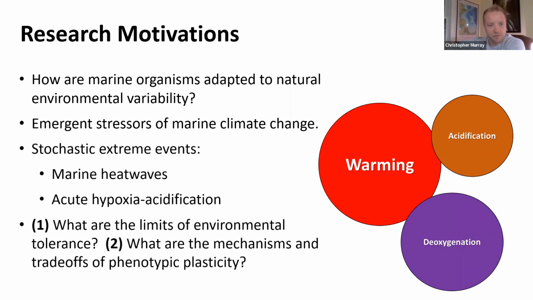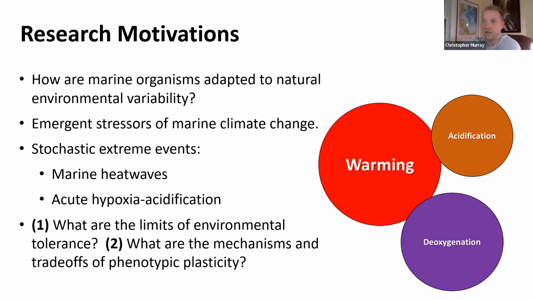But more recently, I've become interested in the idea of extreme events, punctuated moments of temporal variability that fall far outside the normal range of variability that organisms typically encounter.